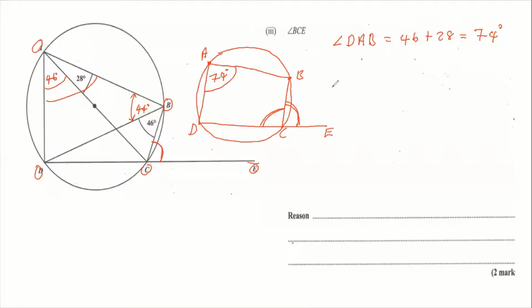So what statement can we write now? We can call this angle BCD. And it doesn't matter if I say DCB or BCD. So angle BCD is going to equal 180 minus this angle up here, which is, let's name the angle, angle BAD, all right?